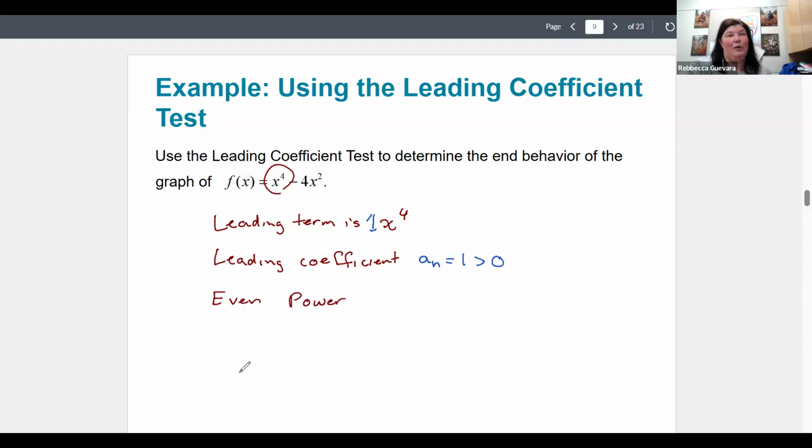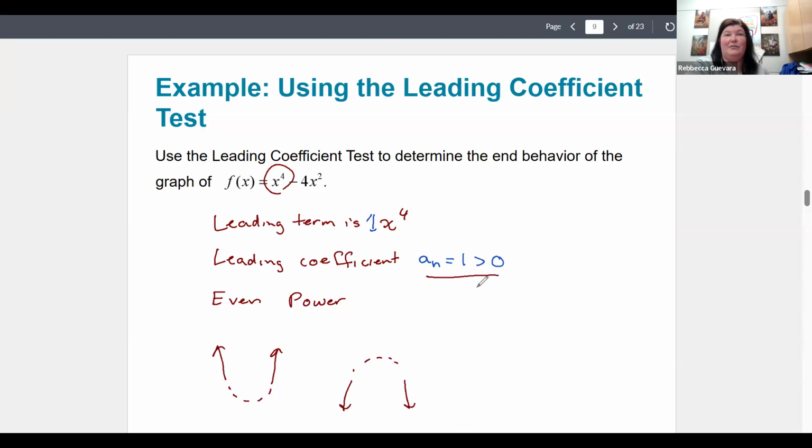So what we're saying here is that we don't know what it's doing in here, but at the end, we know that it's either going to be a parabola shaped like this, or a parabola shaped like this, because of the even power.